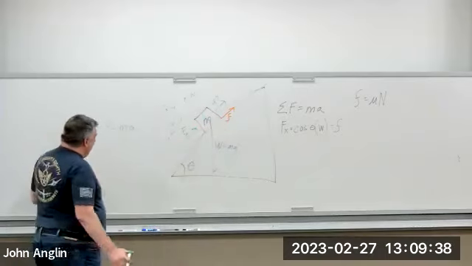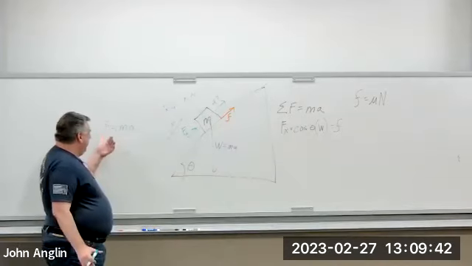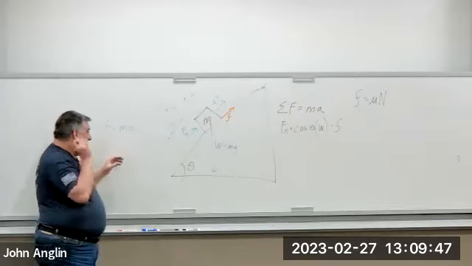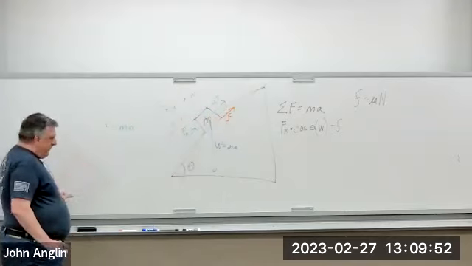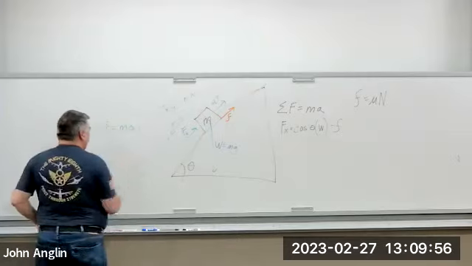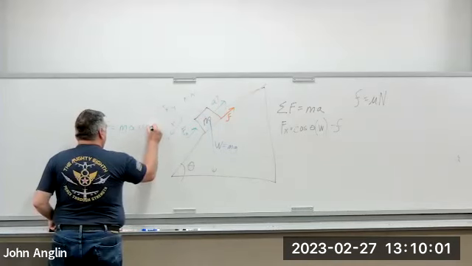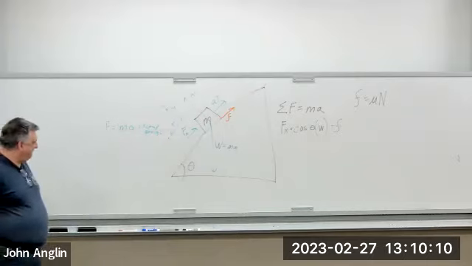But what you'll find is that once you do all this vector stuff, and we know the magnitude of our force, and what we have to set it equal to, so it's that X component of the weight, then that force equals MA, which equals whatever the X component of our weight is.